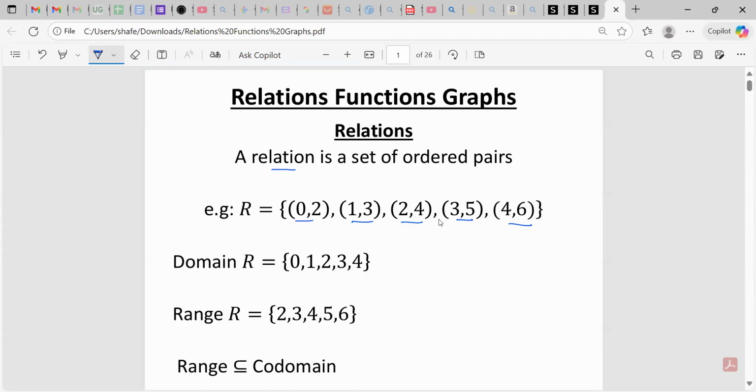Odd and even numbers, sir? Odd and even? No, look, 0 is odd or even. No, I meant set of even numbers, set of odd numbers. No, no, no, no. Look at each pair. Look at 0 and 2, 1 and 3, 2 and 4. Do you see a relationship between the first number and the second number?